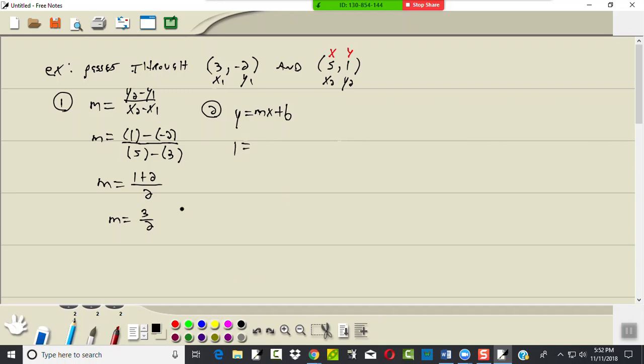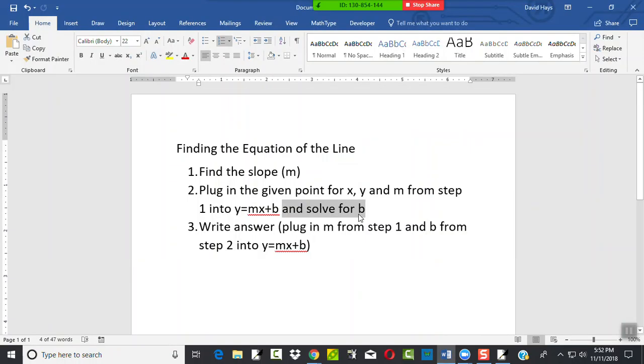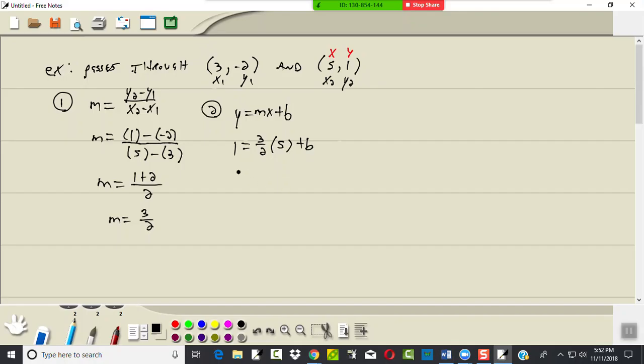So we got 1 equals m, which we just said was 3/2, times x, which is 5, plus b. And then solve for b. 3 times 5 is 15, so we got 15/2 plus b. If I'm not very good with fractions, I'll get rid of fractions now by multiplying everything by 2. 2 times 1, 2 times 15/2, 2 times b.